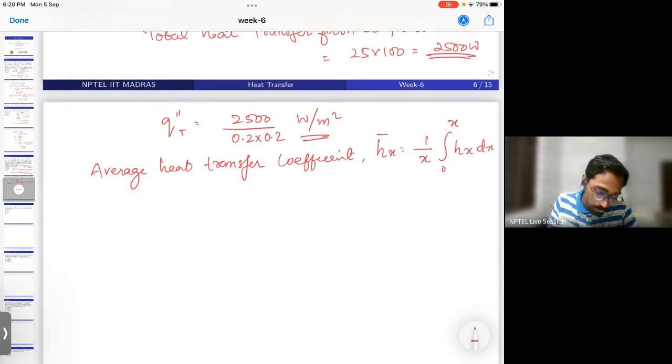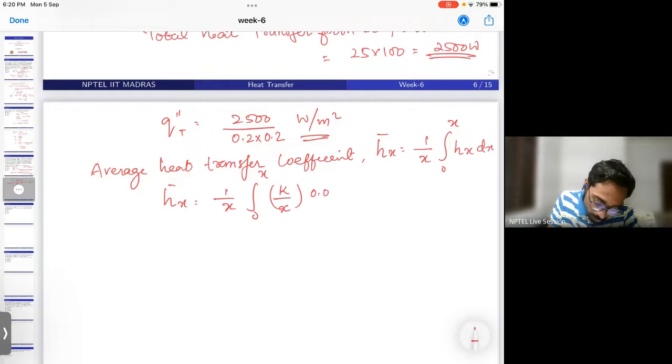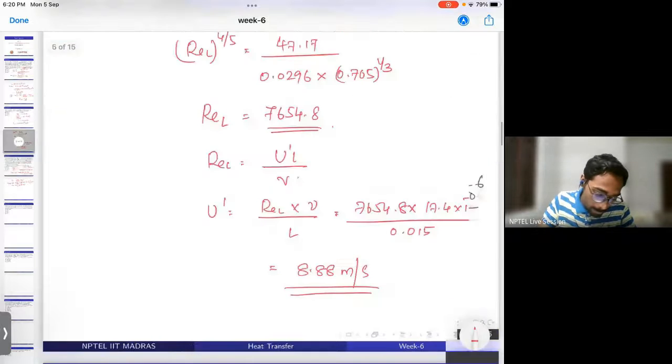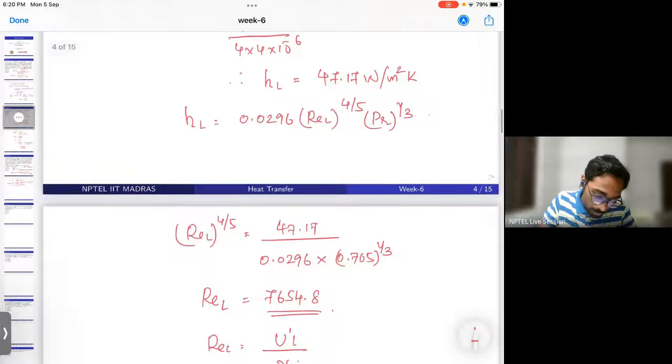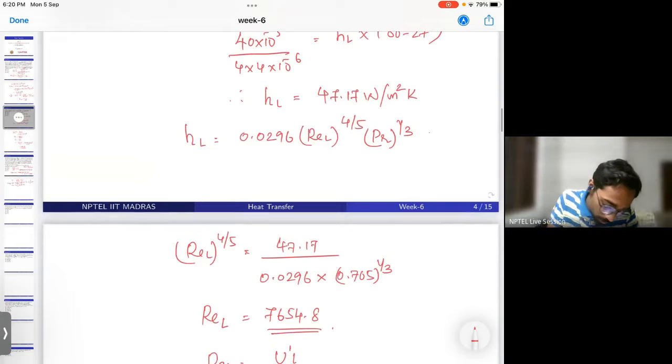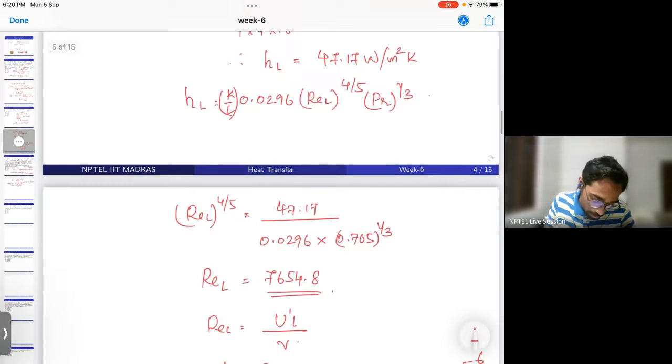So if we substitute these values, 1 by x integral 0 to x, k by x times 0.0296. Sorry, here I forgot k by l. Here I should multiply by l by k.